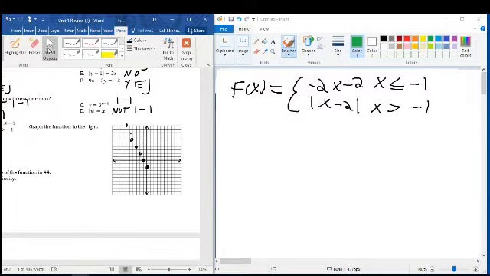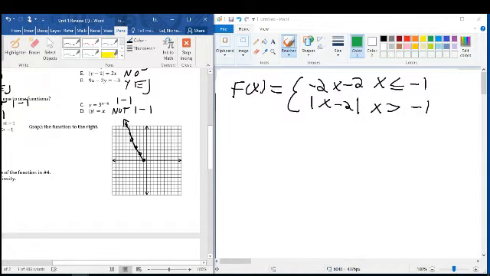We will only have points, remember, when x is less than or equal to negative 1. So take note that at negative 1 I have that filled in circle. So up 2 over 1, and you'll have a line going right there.